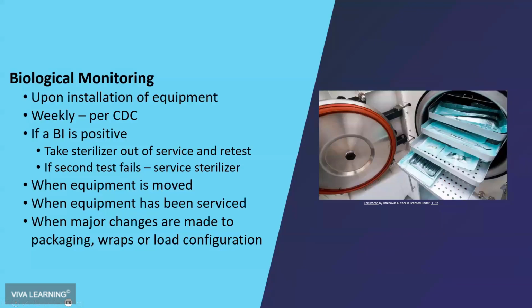And then if a biological indicator is positive, meaning there was growth when it was processed and it didn't pass, you must take that sterilizer out of service and retest it. If the second spore test fails, the sterilizer must be serviced. And then once it is serviced, it has to then again be recalibrated with those 3 consecutive biological indicators.